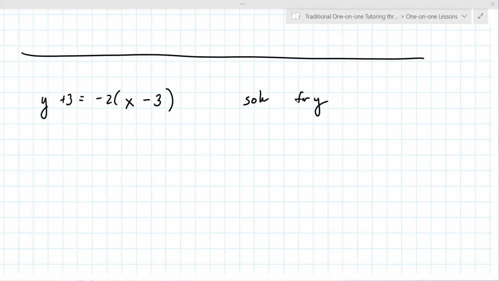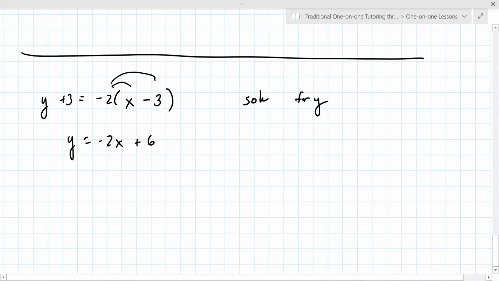Is it y equals minus 2x plus 3? Yes. So we get plus 6. I'm sorry. Did you say minus 3 or plus 3? I said plus 3. Okay, yeah, because you subtract 3 from both sides, so you get y equals minus 2x plus 3.